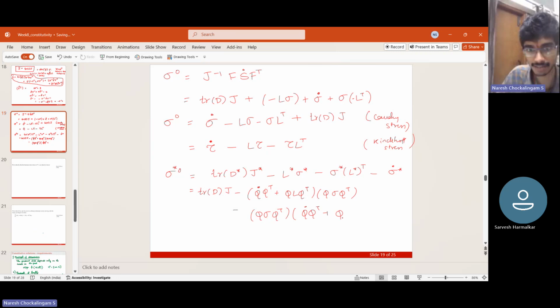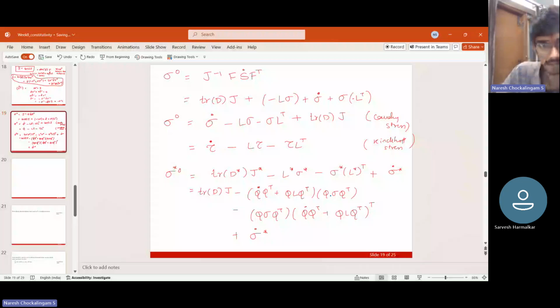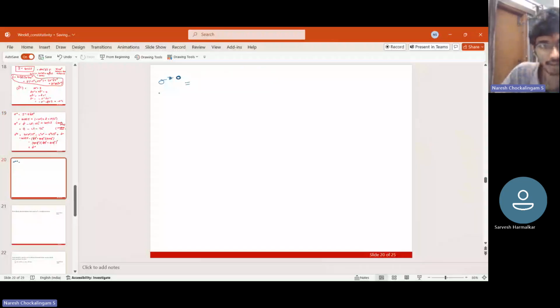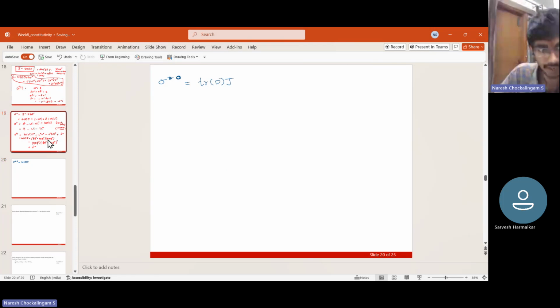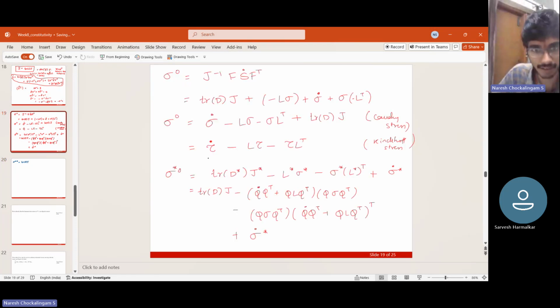Now this can be summed up. Multiplying with the first term, we get Q dot sigma Q transpose. So the true stress rate in a different reference frame is nothing but trace of D J, right? So this is a scalar.